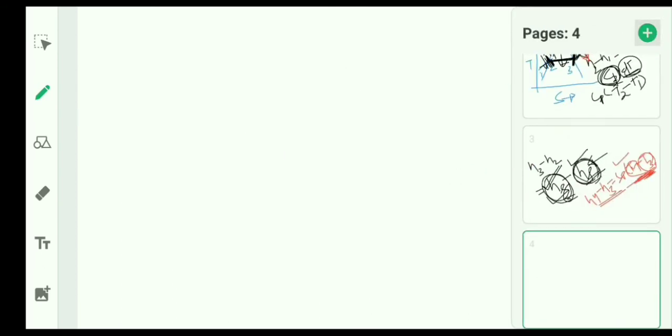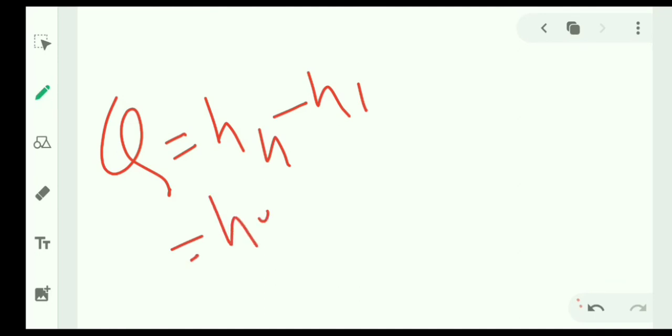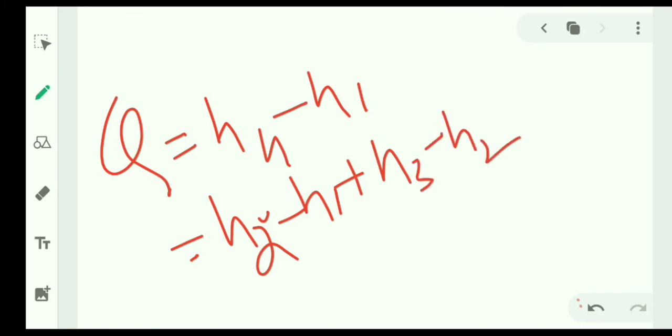Now we can find the total heat added. Q, the total heat added, will be equal to H4 minus H1, which equals H2 minus H1 plus H3 minus H2 plus H4 minus H3. Here H2 and H2 cancel, H3 and H3 cancel, so finally we get H4 minus H1.